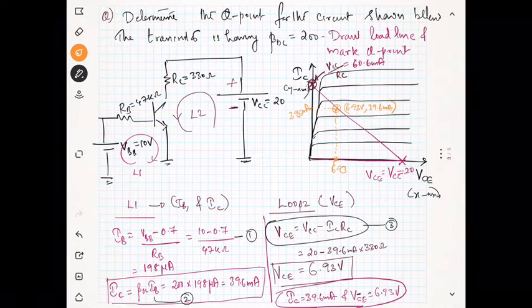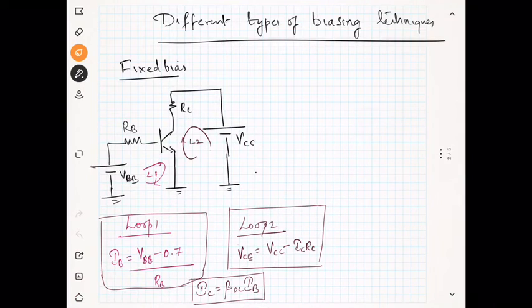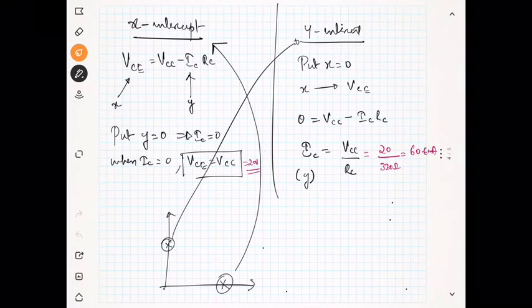Now this kind of biasing, actually we will be calling it as the fixed bias, but there are a lot of issues related to this kind of biasing technique. Okay, so this kind of biasing technique, actually it is not stable.